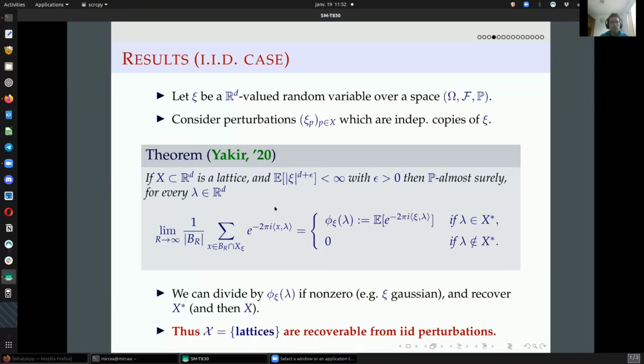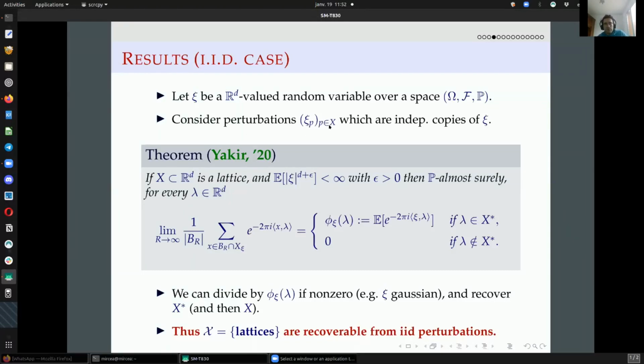No, okay, so we have this kind of result from Yakir from 2020. This is the case of random perturbations, right? So we have a random vector-valued random variable with its probability space. And so we consider perturbations.